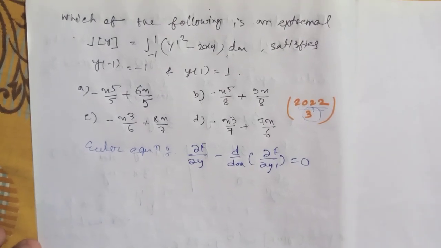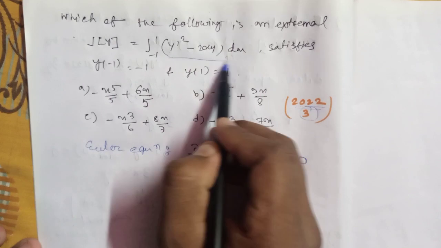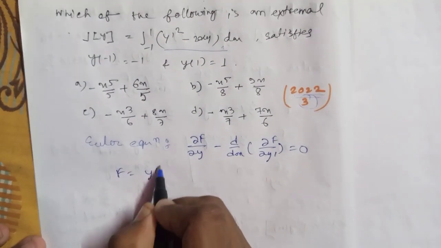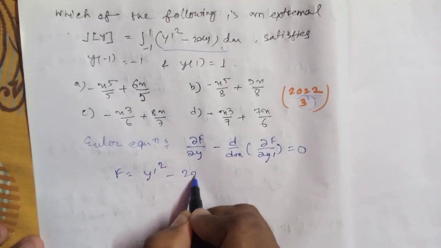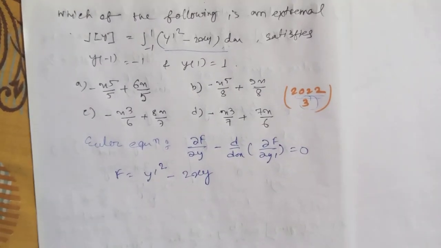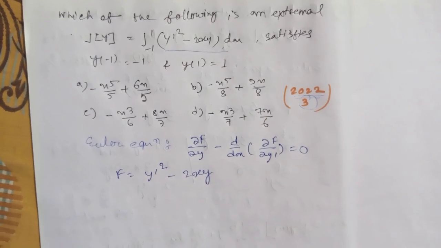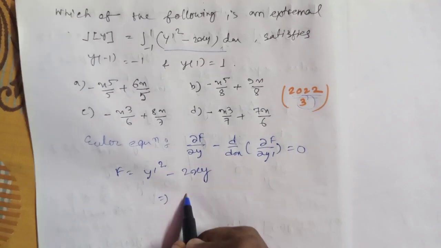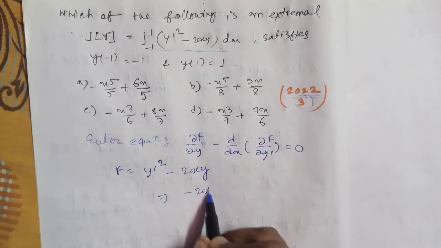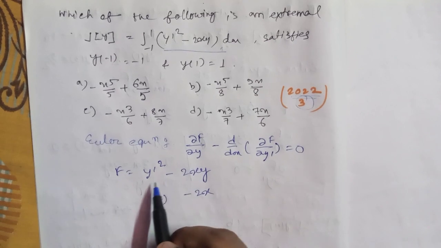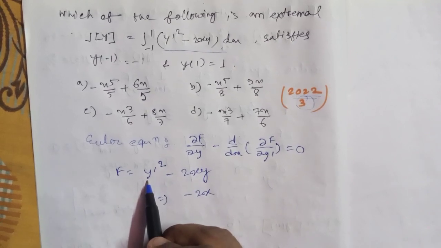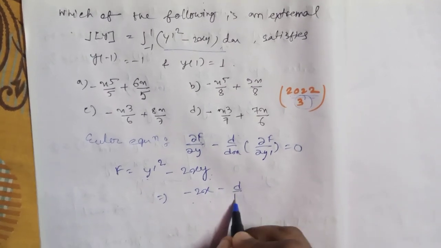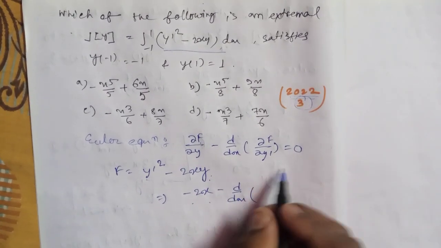So what is the f here? f is this, that is f equal to y dash square minus 2xy. So what is the value of del f by del y? If we put this value here, then we will get minus 2x, right? Because the partial derivative with respect to y of this is minus 2x, minus d/dx of del f by del y dash.